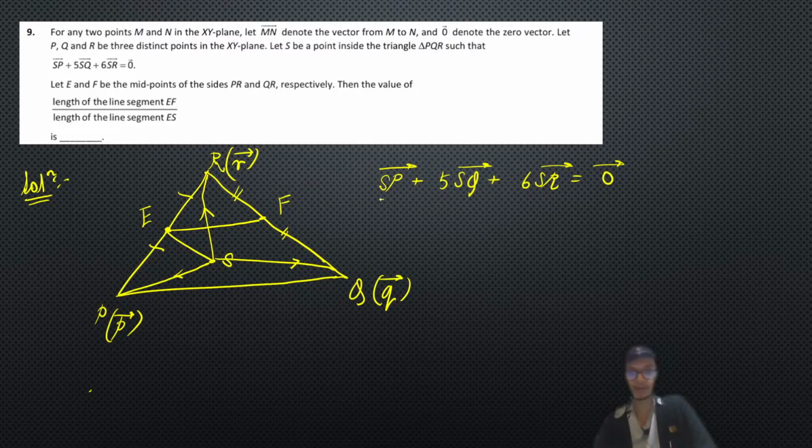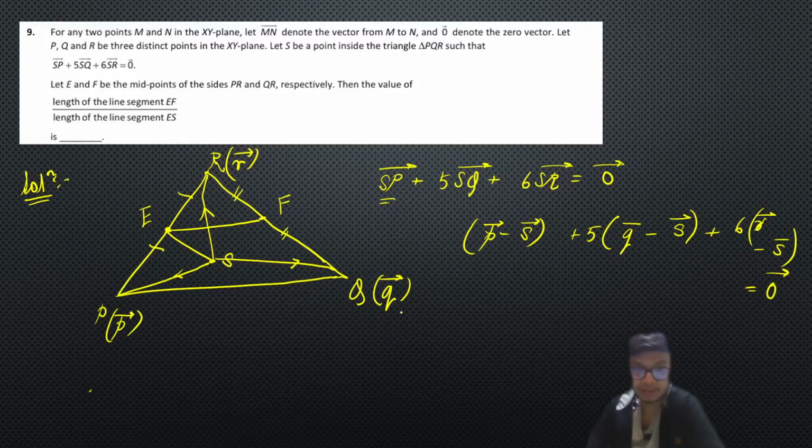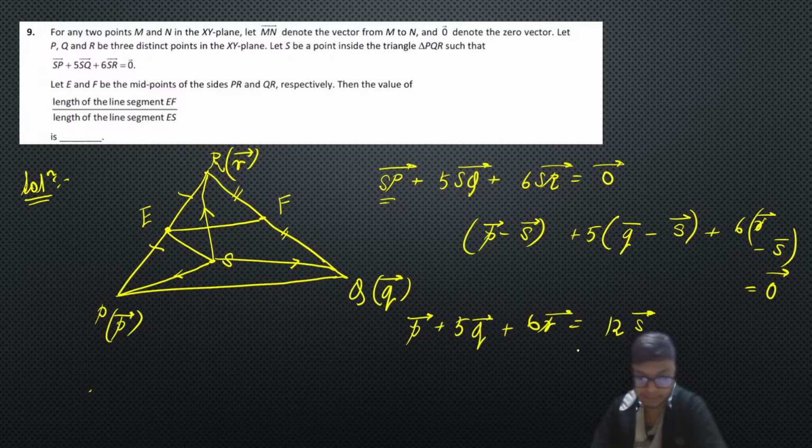So if I write down the SP vector, it is p vector minus the small s vector, that is a position vector, plus 5 times q vector minus s vector, plus 6 times r vector minus s vector, and that is equal to 0 vector, right? If you figure this out, it gives you p vector plus 5 times q vector plus 6 times r vector is equal to 12 times s vector, right?